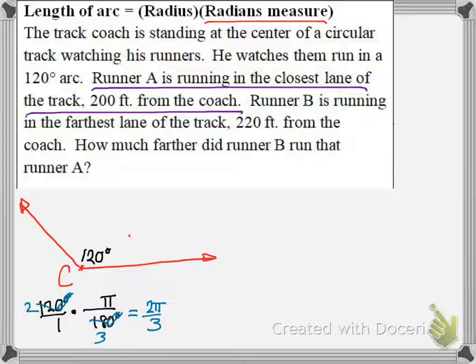So here's runner A. He's running close to the coach, right here, and he's running around that arc. It's a 120-degree arc, or you could say it's a 2 pi over 3. We'll be drawing angles in radians too tomorrow. Then I need to talk about runner, well, let me put a number on here. We have 200 feet away from the coach.